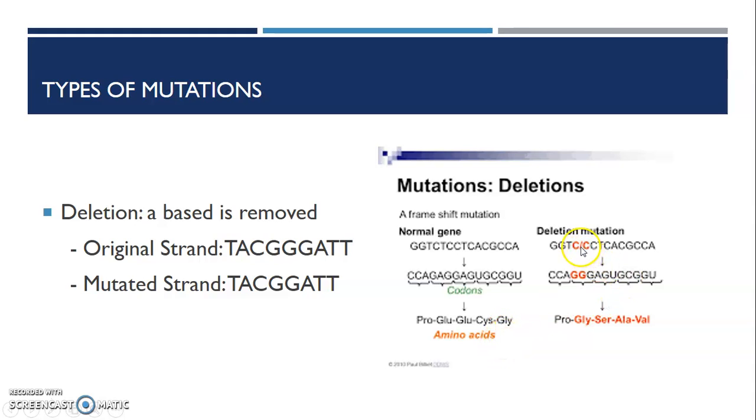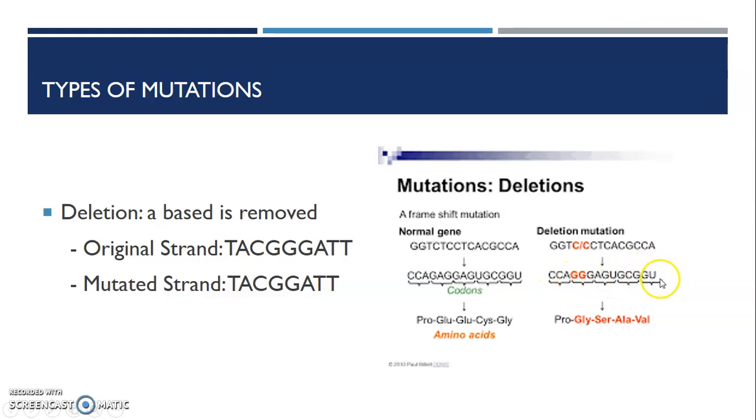If we delete one, so in this case we deleted this T here, now our second codon, which was GAG, is now GGG. What's also going to happen is that we end up with one less amino acid as well, because here there were 1, 2, 3, 4, 5 codons, and now there's 1, 2, 3, 4.